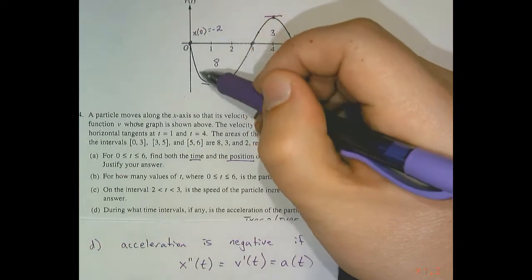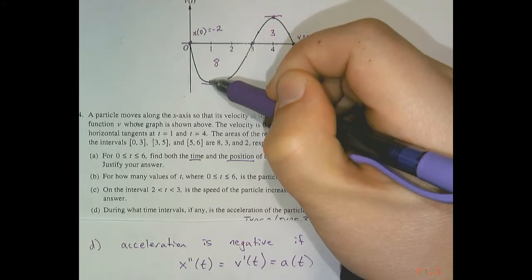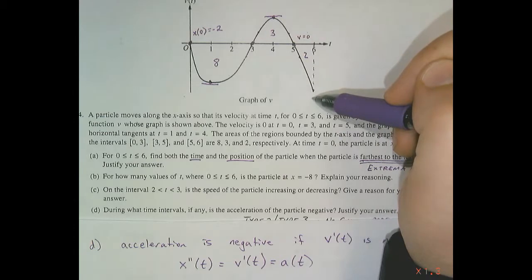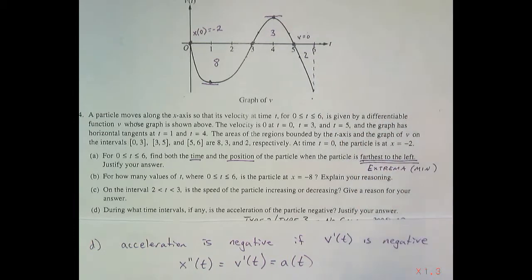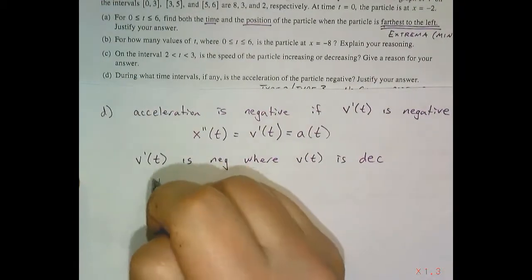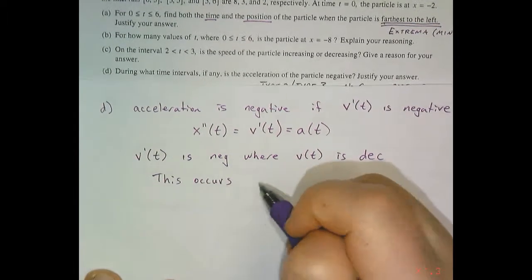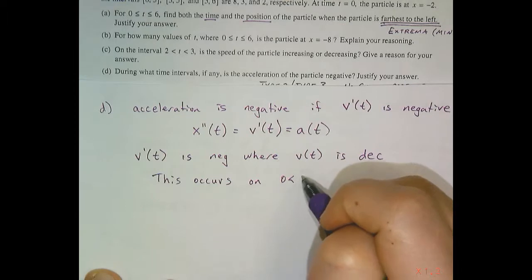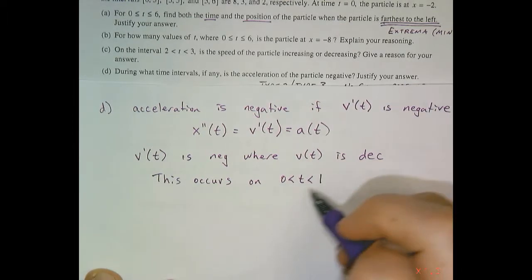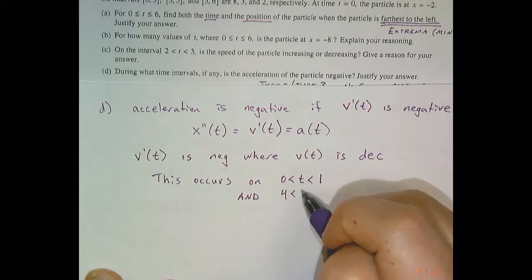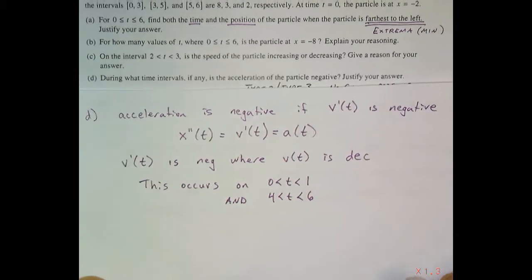We have an interval from 0 to 1, flat spot at 1 they give us, as well as from 4 to 6, flat spot at 4 because they give us. So this occurs on the interval 0 to 1 and 4 to 6.